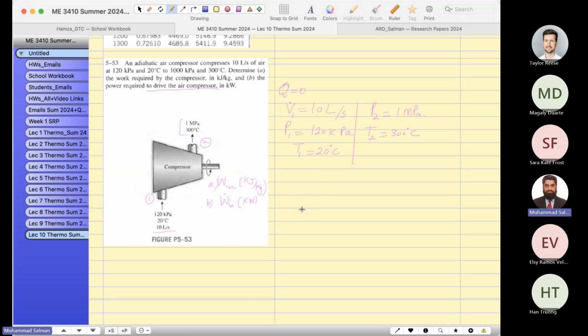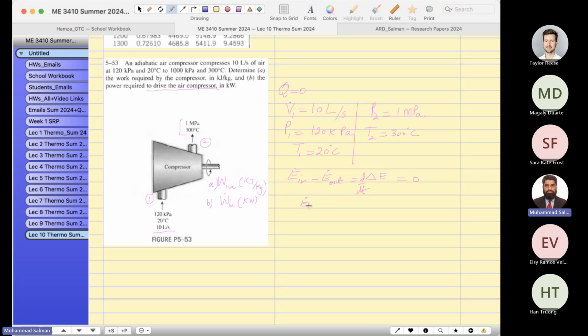Okay, let's do the energy balance. Energy balance states that rate of energy entering equals rate of energy exiting. This is a steady flow process, so the right hand side is zero.